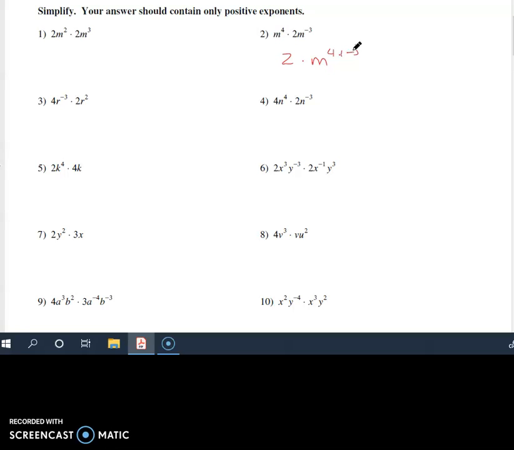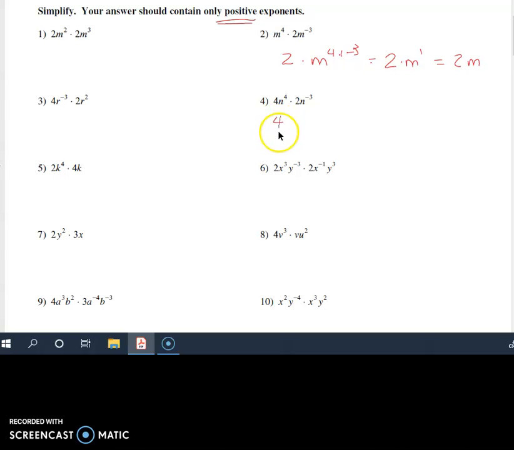So we're looking at m to the 4 plus -3. So that ends up with 2 times m to the first power, or simply 2m. Keep in mind that they want all the answers to be positive exponents, so in this case the m ends up being positive.